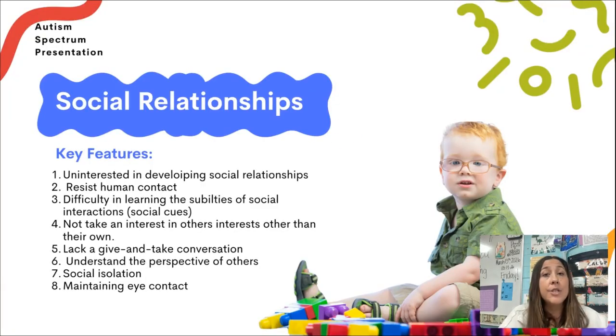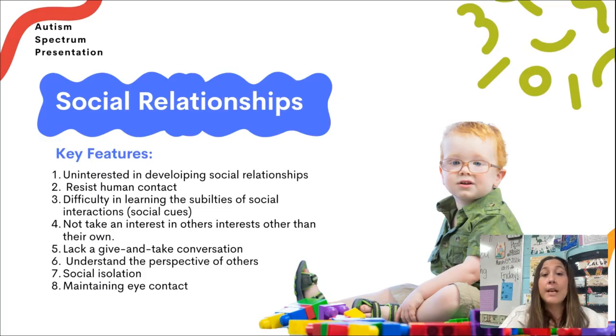This is an area of challenge for most students with autism. Building relationships with peers, and not only their peers, but with other teachers, can become very stressful for them, as well as for other students, because they do not know how to respond to them. And it is our job as educators to understand the basis of their social relationship skills.